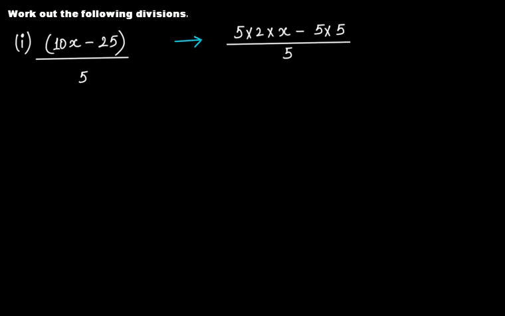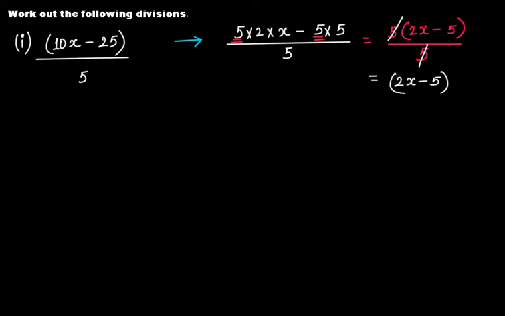So now the factor 5 in this term and the factor 5 in this term, these two are common, the same. So take 5 out and then you have 2x minus 5 divided by 5. Now this 5 and this 5 get cancelled because these are common factors in the numerator and the denominator. So you are left with 2x minus 5.